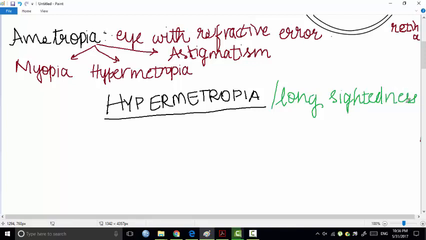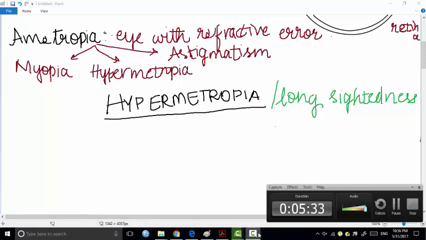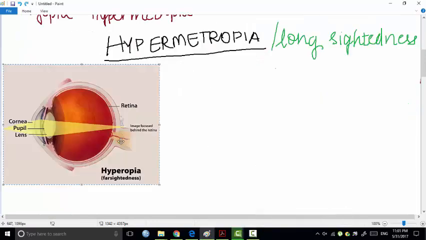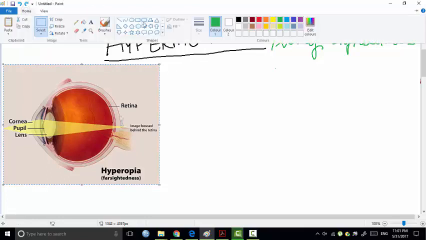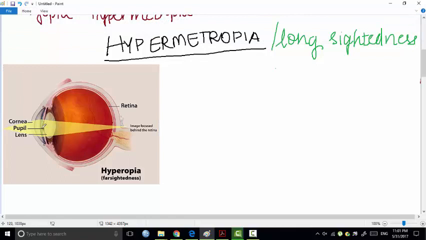Here people can see far objects well, the objects being at a long distance. If you see the diagram, in hypermetropia the parallel rays are focused behind the retina.